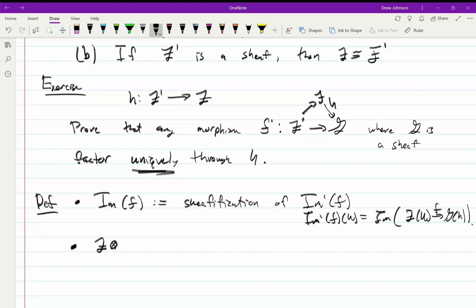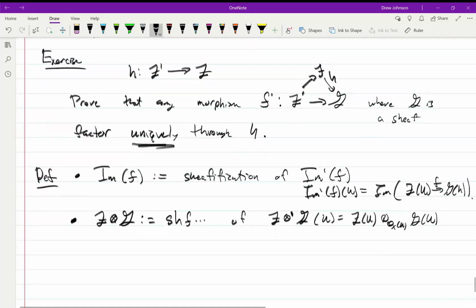So F tensor G will be defined to be the sheafification of the tensor product pre-sheaf that we talked about before, which on an open set U was just F(U) tensor over O_X(U) of G(U). We saw that pre-sheaf was not a sheaf, but without the prime, that'll be the sheafification of it.